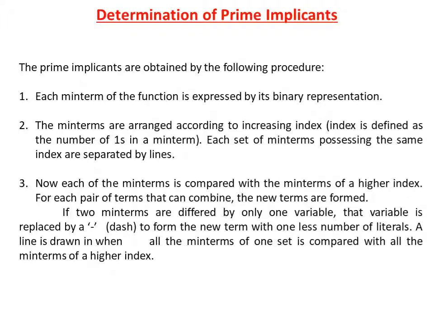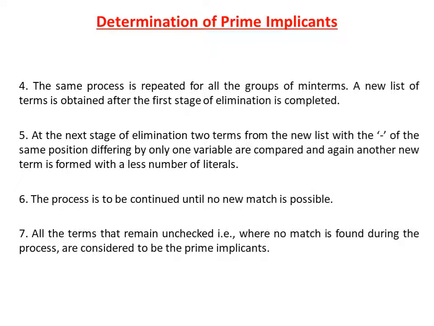A check mark is drawn when all the minterms of one set are compared with all the minterms of a higher index. The same process is repeated for all the groups of minterms. Then a new list is obtained after the first stage of elimination is completed.